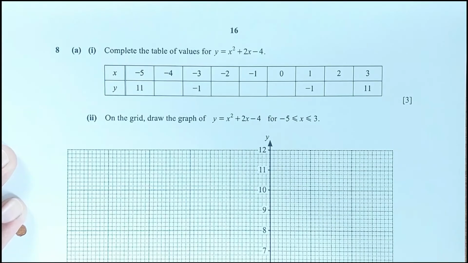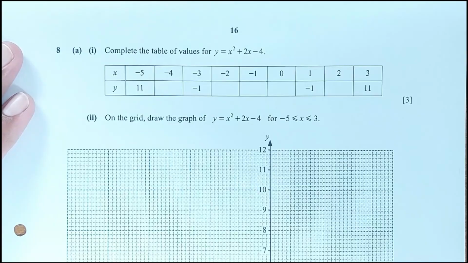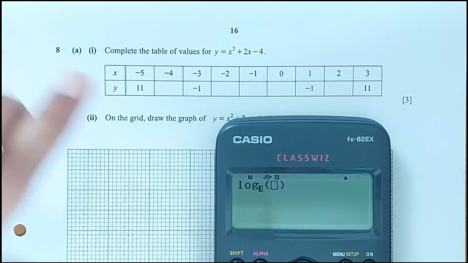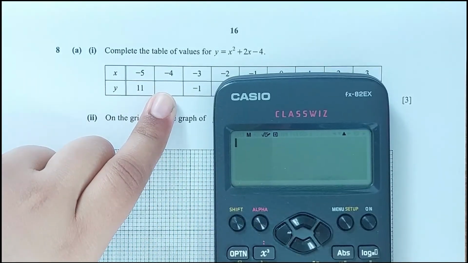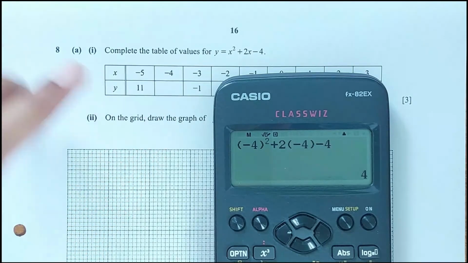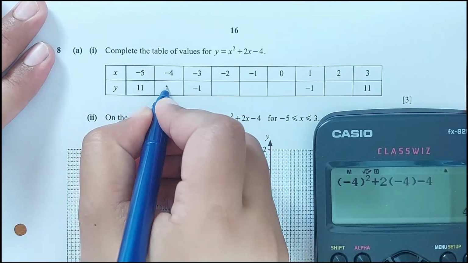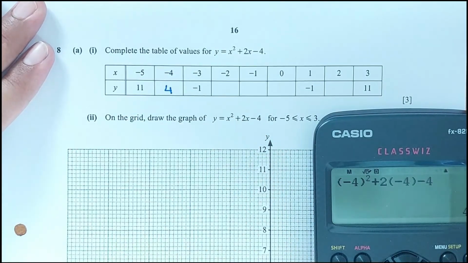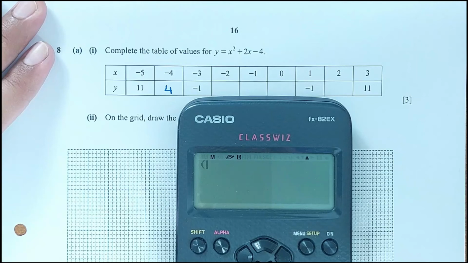Question number 8, part A, number 1: complete the table of values for y equals x squared plus 2x minus 4. Okay, so for x equals -4, -4 squared plus 2 times -4 minus 4, which is 4. The next is -2: -2 squared plus 2 times -2 minus 4, which is -4.